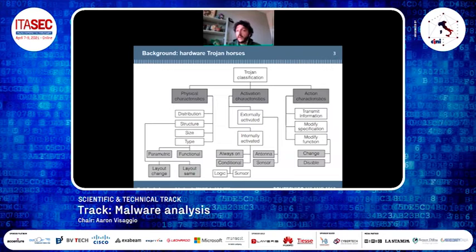Based on their activation, we can have triggered hardware Trojans or always-on hardware Trojans. Hardware Trojans can be triggered internally by signals within the circuit, or externally through signals that are received, for example, through the Wi-Fi antennas. And of course, we can classify hardware Trojans based on their payload, based on their activity. We have change-functionality hardware Trojans, information-stealing hardware Trojans, and hardware Trojans that modify the specification of your circuit.